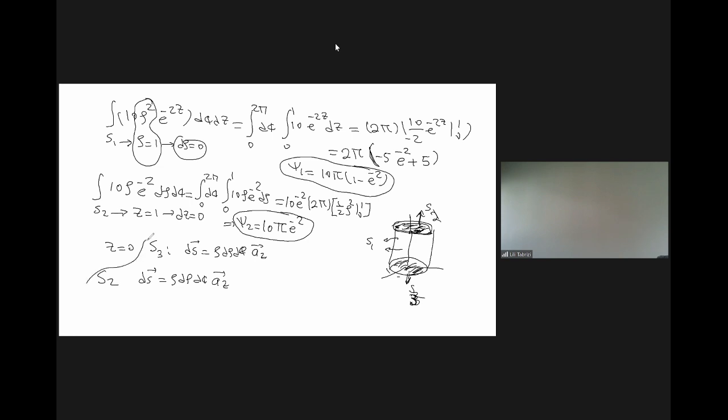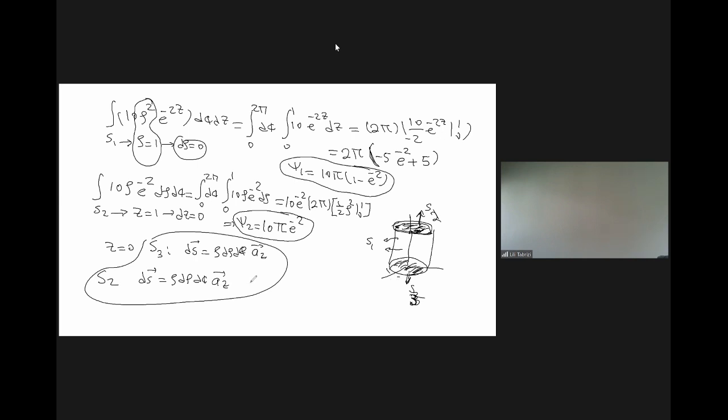My question to the class. I'm writing a surface increment for the upper surface and a surface increment for the lower surface. How do you know that it's the upper surface or the lower surface? I'm writing the same thing. One of them is the upper surface of the cylinder, the other one is the lower surface. What distinguishes upper from lower?